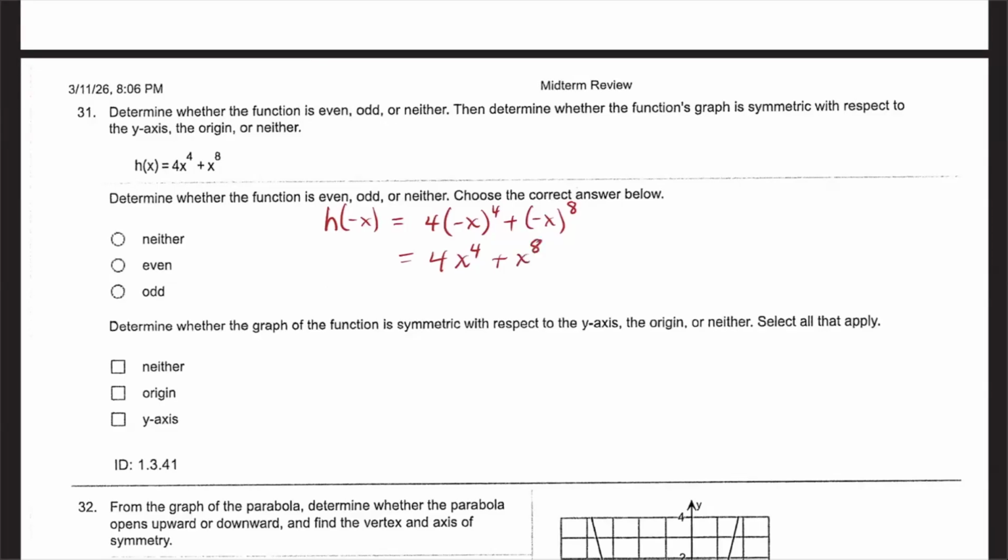So then when we compare our signs from the original function to the new function, they all have remained the same. The signs for both terms have remained the same. They haven't changed. So this function is even, which means it is symmetric about the y-axis.